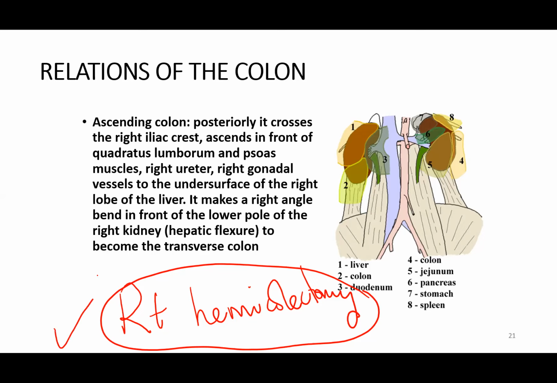And remember, there are 3 important structures that are injured during this procedure. 1, the right ureter, okay? 2, the gonadal vessels, and 3, the second part of the duodenum.